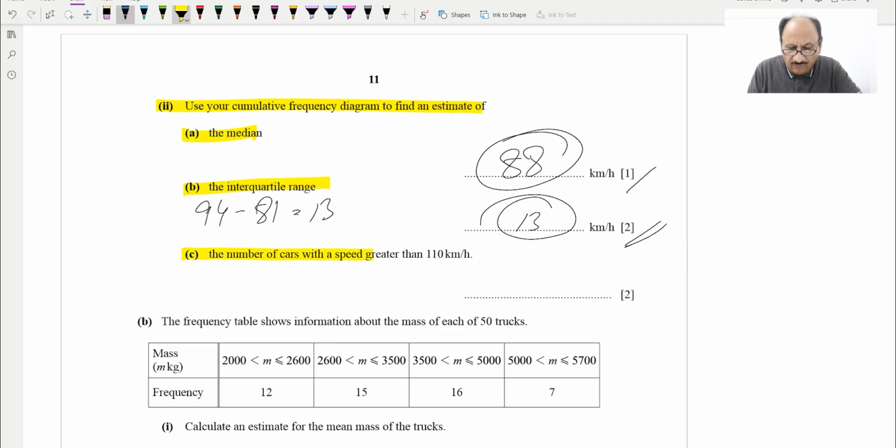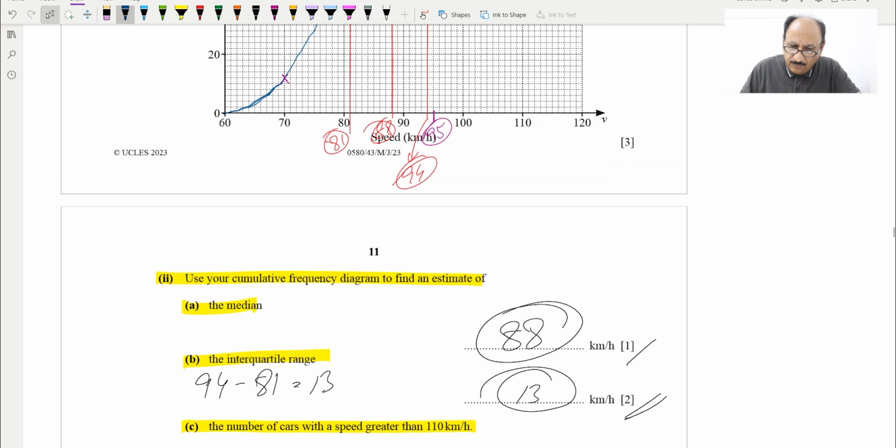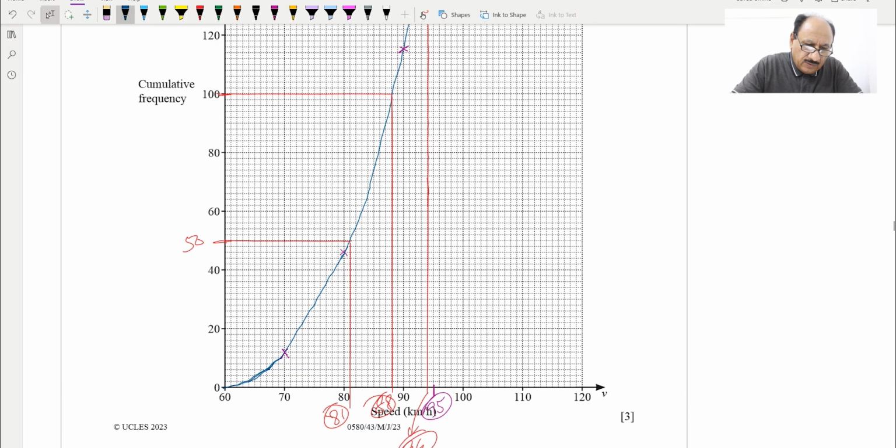The number of cars with a speed greater than 110 kilometers per hour. So where is 110 kilometers per hour? It is over here, this reference 110. So we will be taking that reference up to the cumulative frequency curve.